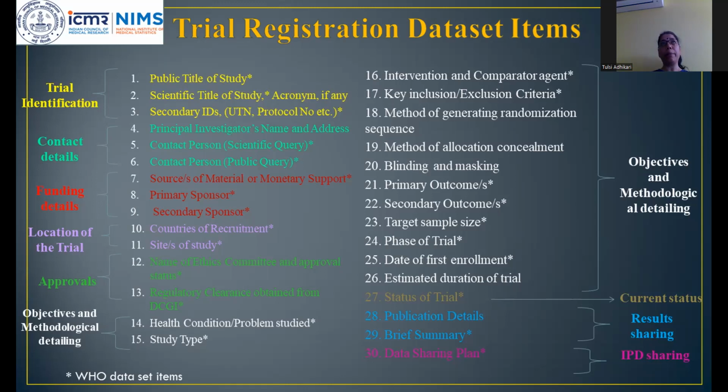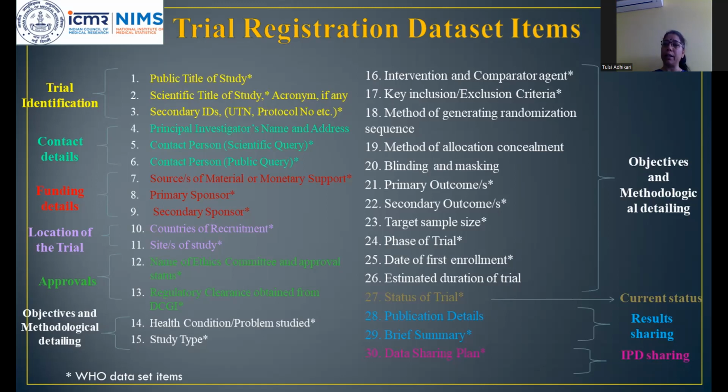If by mistake you start enrolling patients before getting the CTRI number, then your study is not registered with CTRI. And if you don't have a CTRI number, especially for regulatory or interventional trials, your study will not be published in a good journal.